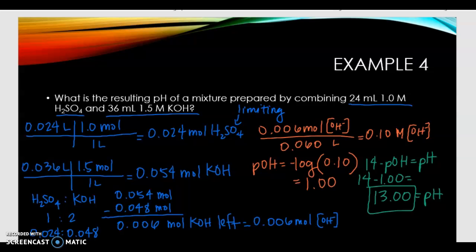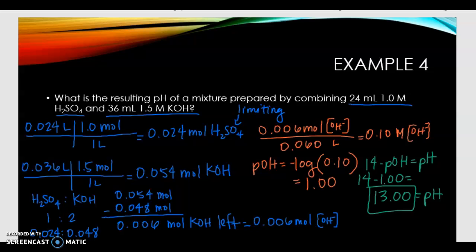So we are going to use that function and that way of calculating to be able to determine the pH of a mixture of an acid and base. So you do have to make sure that you're paying attention to diprotic or triprotic acids and taking that into consideration with that mole ratio. Whatever your limiting reactant was, in the bottom left corner we said for every 1 H2SO4, I have 2 KOH.